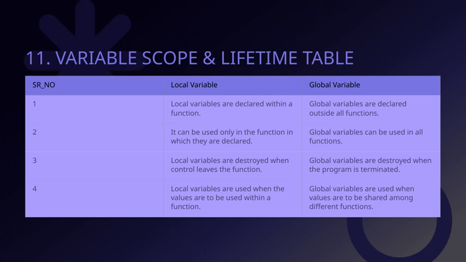They remain in memory until the program terminates, which means they can be used across multiple functions to share data easily. It's important to remember that local variables are limited in scope. They only live as long as the function runs, whereas global variables have a broader scope and longer lifetime, making them useful when different parts of your program need to access the same data. This distinction is key to writing clear, efficient code and managing data effectively across your programs.